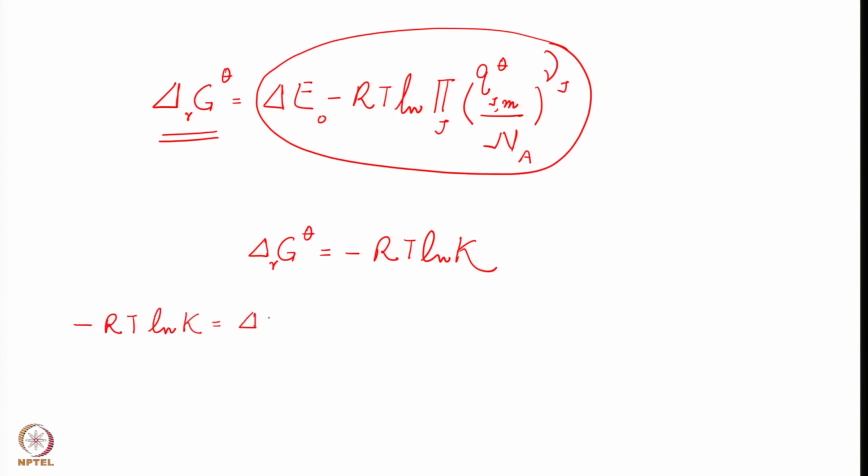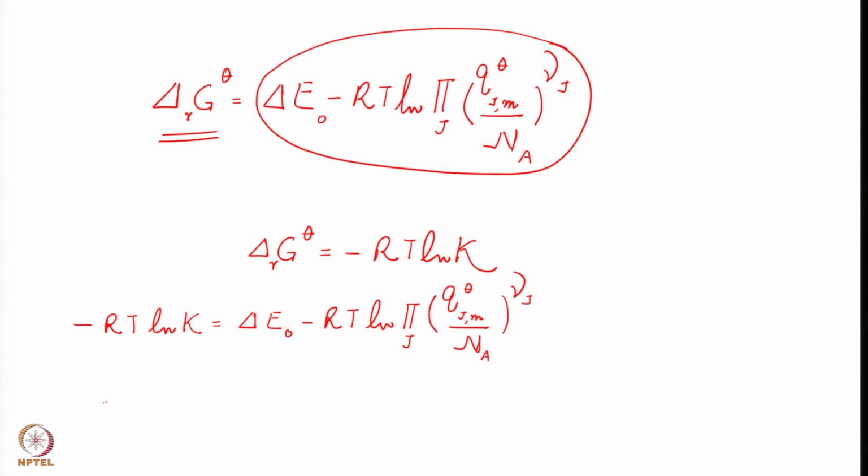Once you equate the two, the new equation that I have is minus RT log K is equal to delta E naught minus RT log product over J of q J m naught by Na, Avogadro constant, raised to the power stoichiometric number.